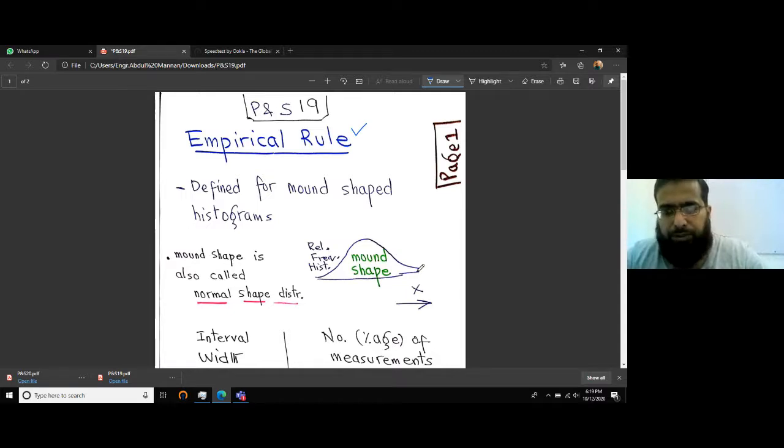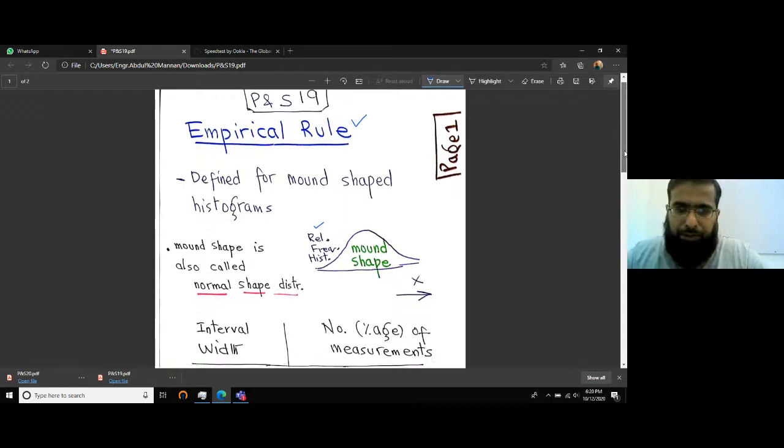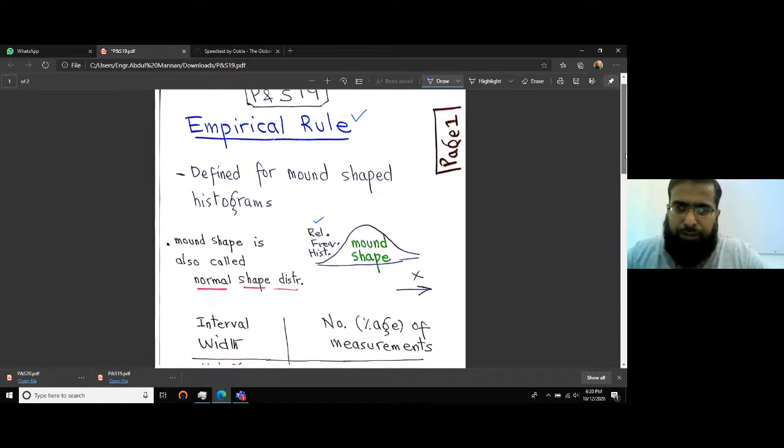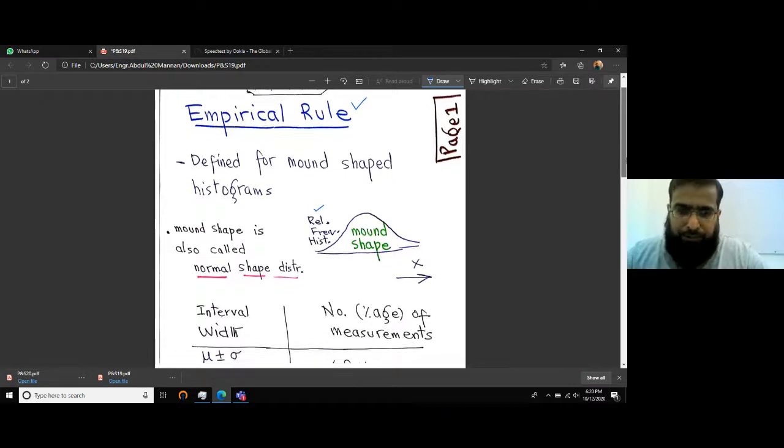The Chebyshev theorem is defined for any kind of data having any kind of relative frequency histogram. But the empirical rule that we will study today is meant for data whose relative frequency histogram is normal, mound, or bell-shaped. So this is the first thing to know about the empirical rule. Now let's move on and see what this rule says.